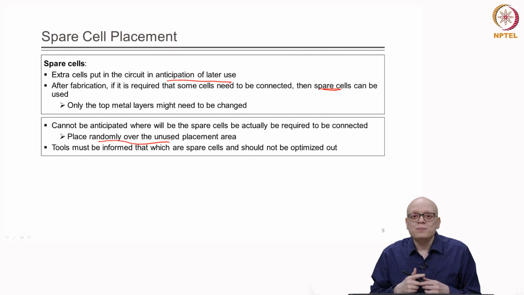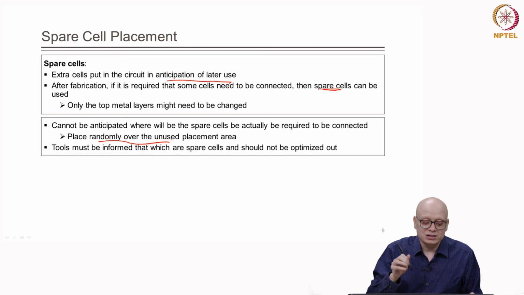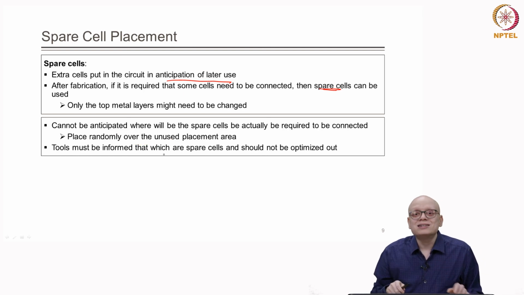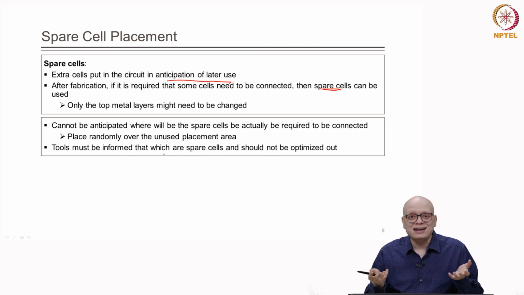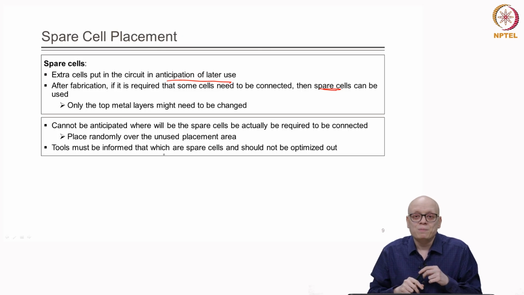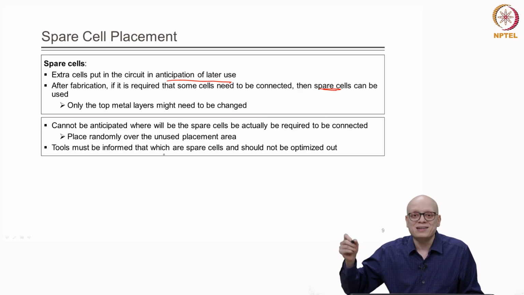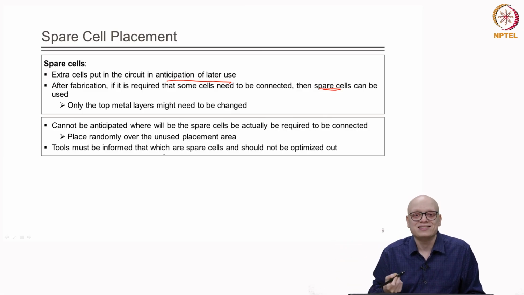But one important thing that needs to be considered here is that these spare cells in the layout are unconnected, right. If they are not used in our first layout, they are unconnected, and we need to do tape out with those unconnected spare cells. But what can happen is that sometimes the design tools can consider these spare cells as cells of no use, and they can optimize them out, right, to save area and so on.